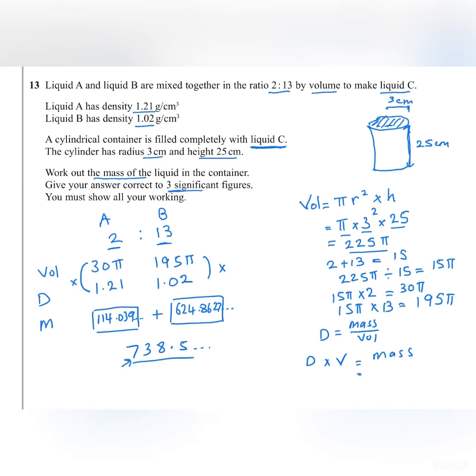So we've got 1, 2, and 3, and the next number is 5 or bigger, so we add 1 to this number here. So it's 739 grams of liquid C that we have. Okay, so that is the answer for this question.